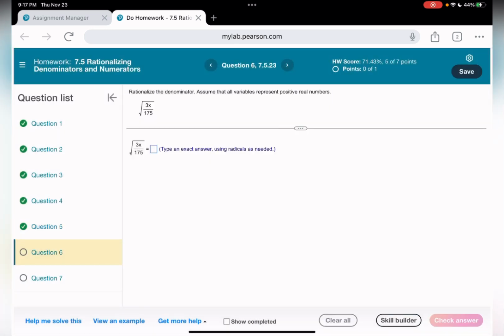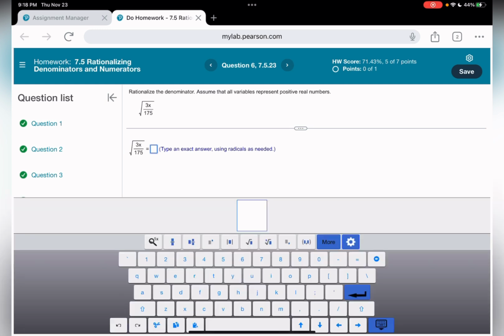Next one, number 6. It's the same way, square root 3x over square root 175. So we're going to get 175 times 3x, because in the numerator I'm going to multiply. And I'm getting square root 525.